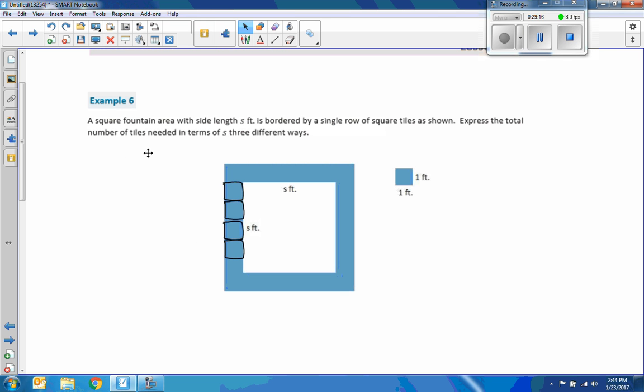How many are we going to need to finish?